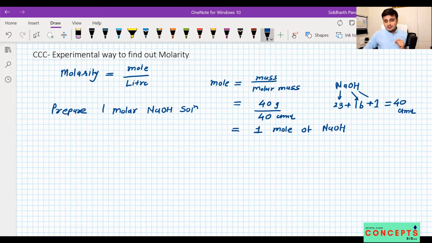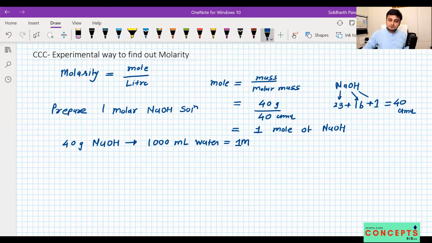We will take 40 gram NaOH and add it into 1000 ml of water, and it will give us 1 molar solution. Very simple. We take mass equal to the molecular mass of the compound, add it into 1000 ml of water, that is a liter of water, and we will be able to get 1 molar solution.